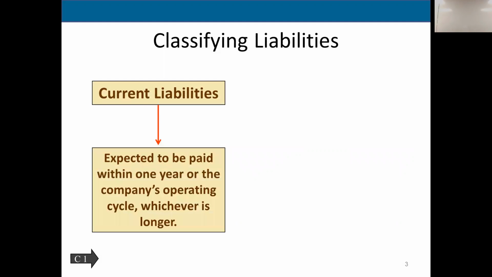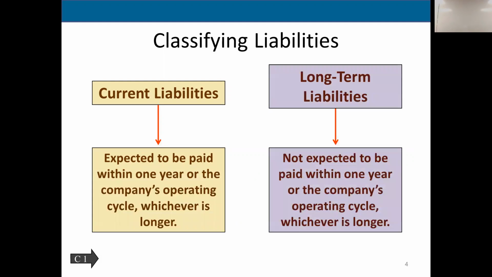All right, let's classify liabilities. Current liabilities are expected to be paid within 1 year or the company's operating cycle. If you recall, when we defined a current asset, we looked at that 1 year period, and if we were expected to use that asset within 1 year, we labeled it a current asset. So for a current liability, if we expect to pay it or satisfy it within that period, we would classify it as current.